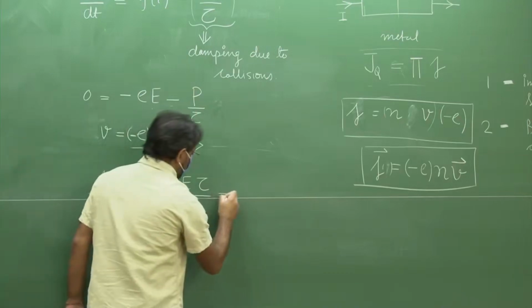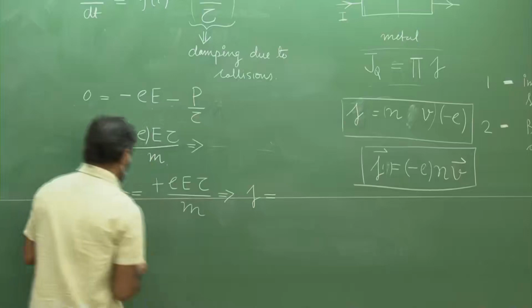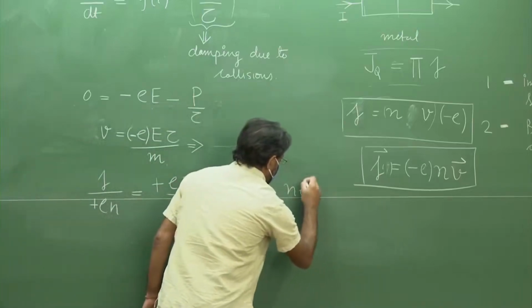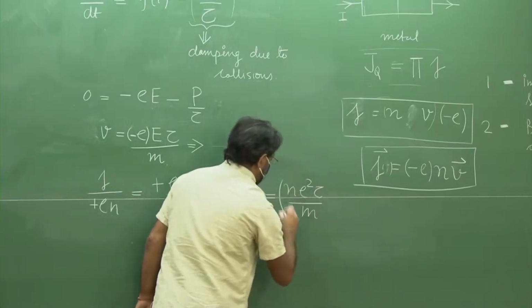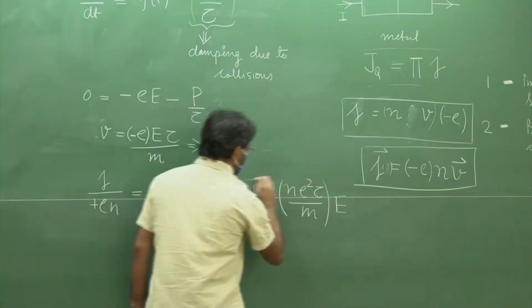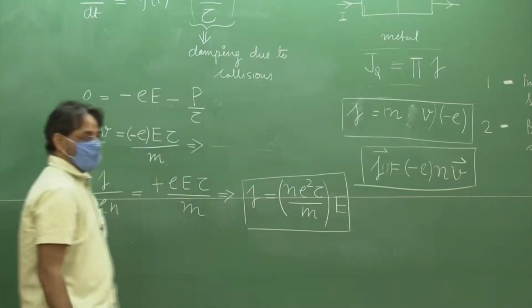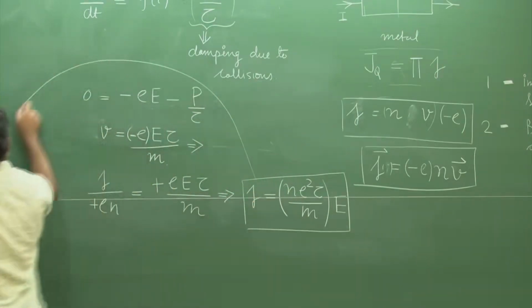What you get is something like this: J equals Ne square tau by m, multiplied by the electric field. And does it look familiar? Maybe it doesn't. If it doesn't, then let's put it in a more familiar form.